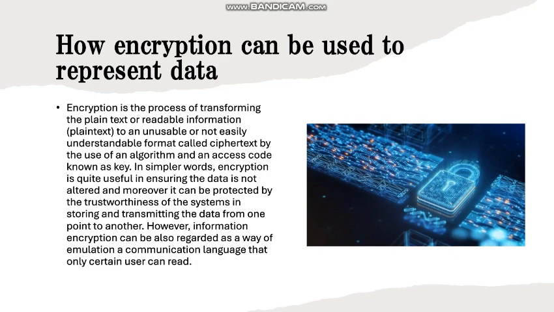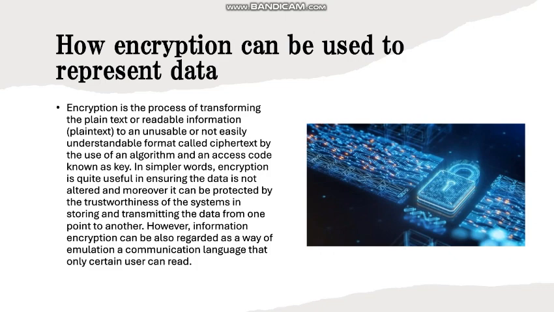Next one is how encryption can be used to represent data. Encryption is the process of transforming plain text, which is readable information, into an unusable or not easily understandable format called ciphertext by the use of an algorithm, and we can access it with a code known as a key.